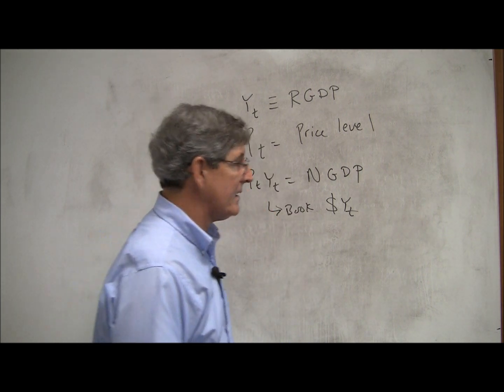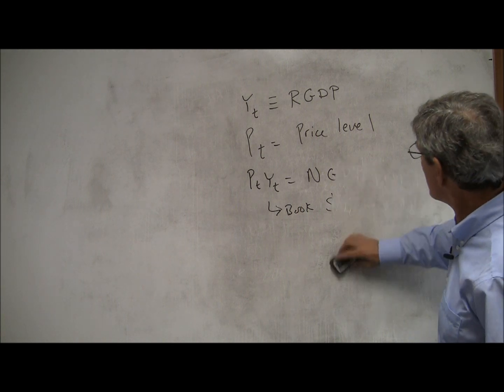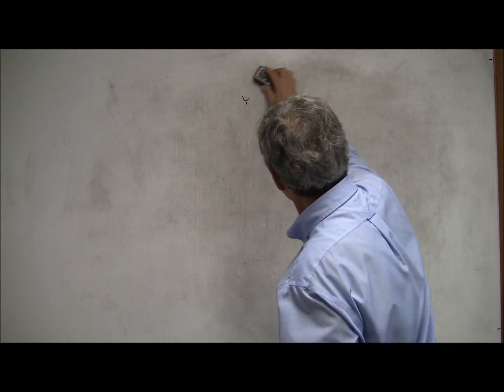Let me show you something here. It'll take me a second to pull it up, but just take a look at a graph of real GDP and nominal GDP that I have back here. If I can get it to come up. It'll take a second.